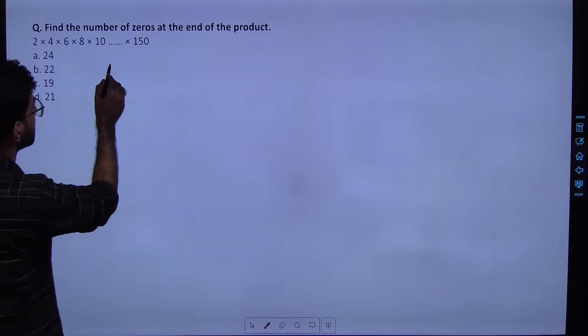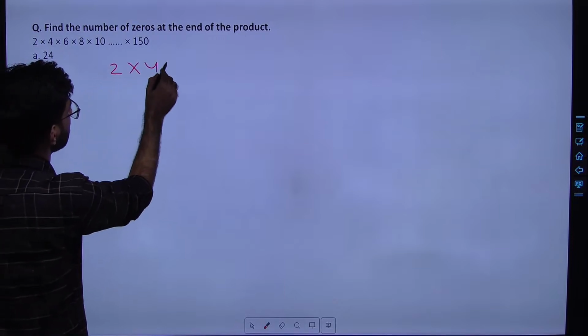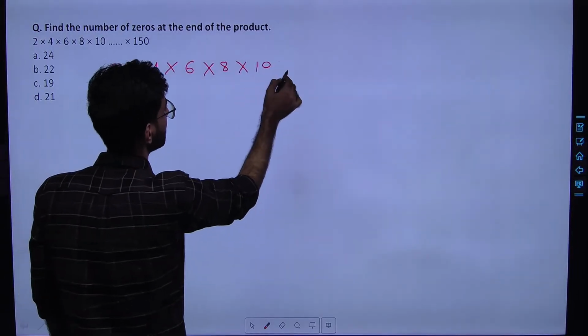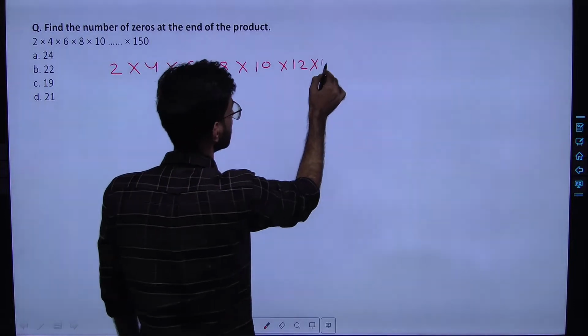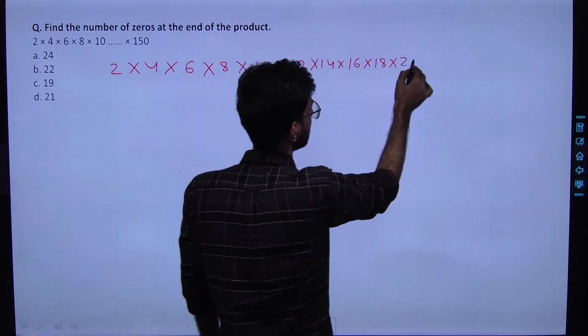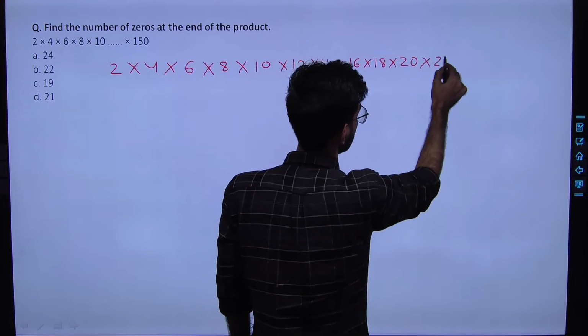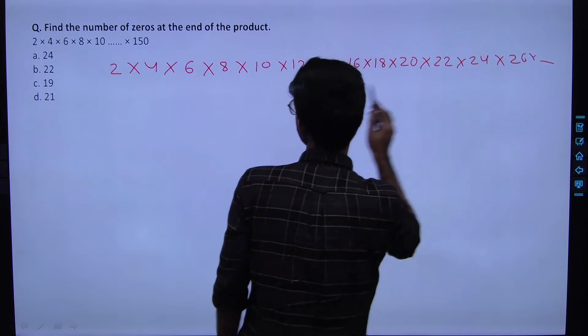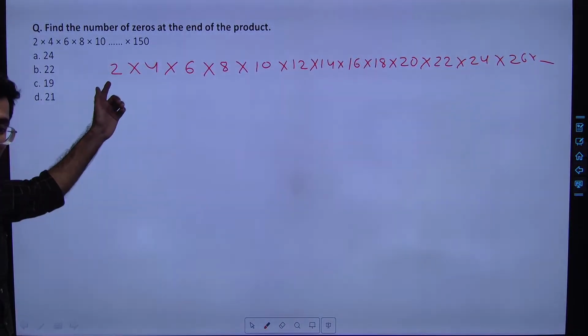If you look at these numbers, you will find 2 in every number. Are you able to get this point? You will find 2 in every number. See, 2 into 1, there is 1, 2, right?